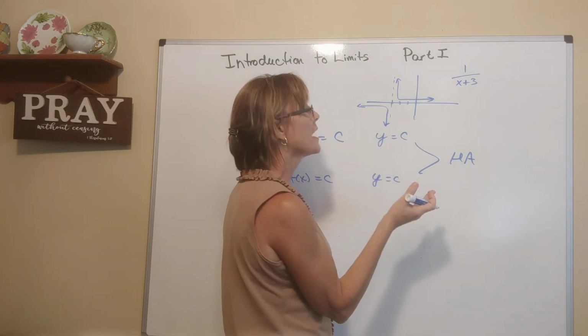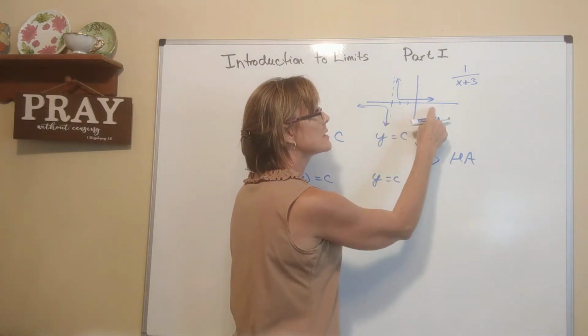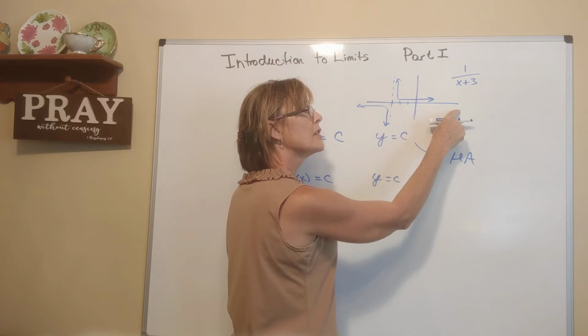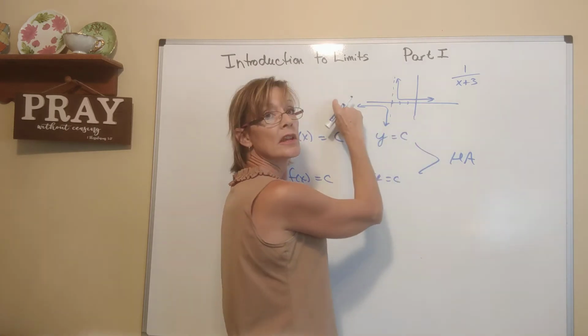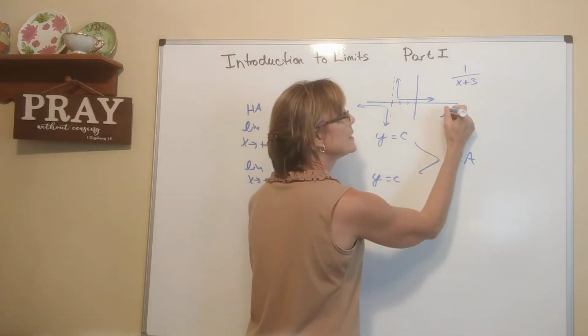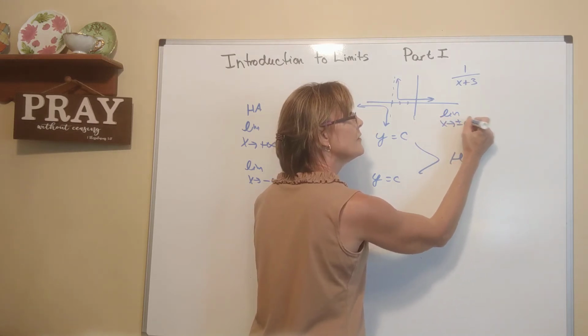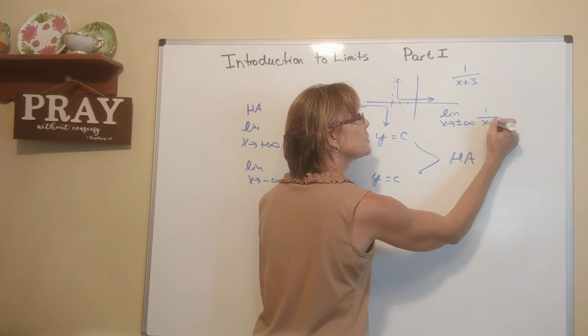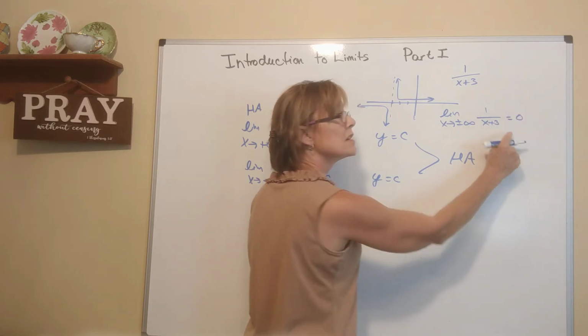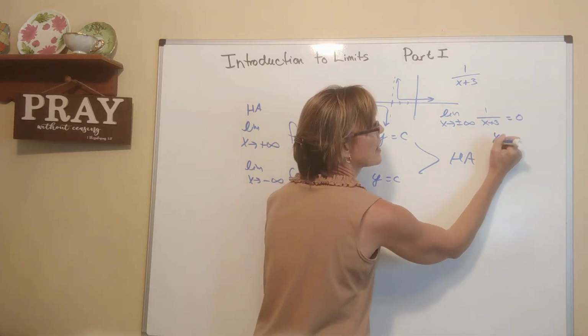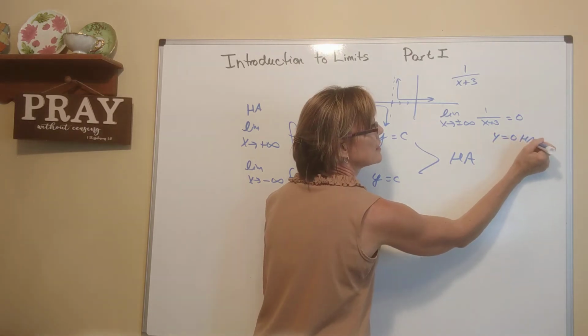What is my horizontal asymptote? It's still 0. As x goes to positive infinity, it's going to 0, and negative infinity, it's going to 0. So we would say the limit as x goes to plus or minus infinity of 1 over x plus 3 is equal to 0. And that means that y equals 0 is a horizontal asymptote.